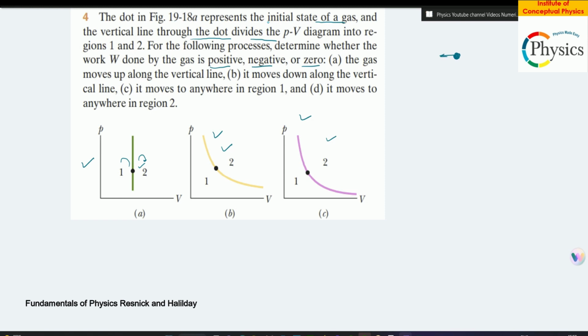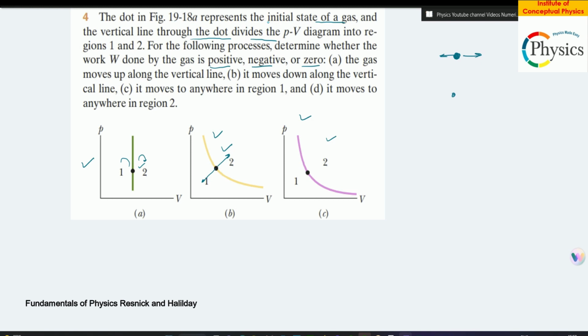If you're moving towards the left of the dot, right of the dot, or if you are, for example, in this diagram, moving in this direction or this direction, right? So they have given this type of, so let's go through each of the parts one by one and try to understand. So the initial state of the gas and the vertical line through the dot divides the PV diagram into regions 1 and 2.